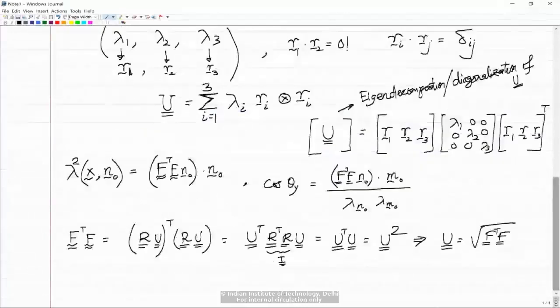So what you see is that in these formulas here, for example, what is appearing is U square. Similarly here, it's U square.